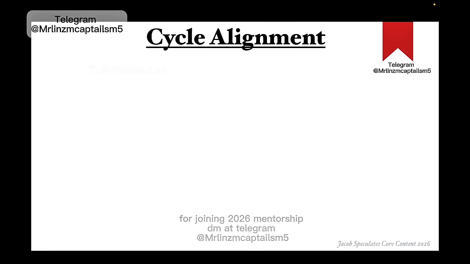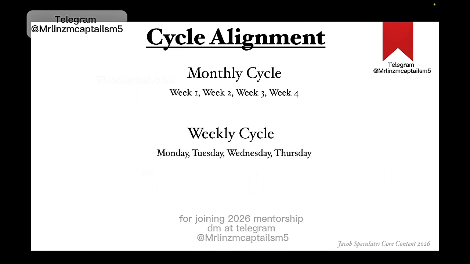Digging a little bit deeper, within the monthly cycle you have week 1, week 2, week 3, and week 4. So the monthly cycle deals with weekly quarters, and the weekly cycle is Monday, Tuesday, Wednesday, and Thursday, so it deals with days of the week.